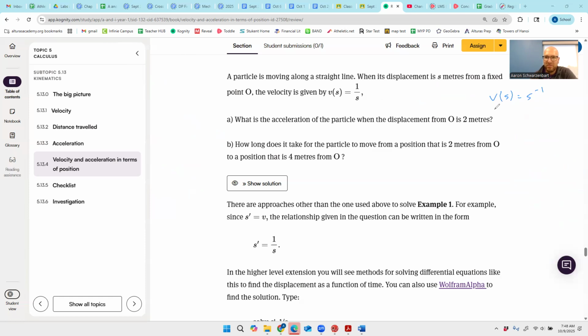I get the derivative of v, dv dt equals negative 1 s to the negative 2 ds dt, since I'm doing everything relative to t. ds dt is v.